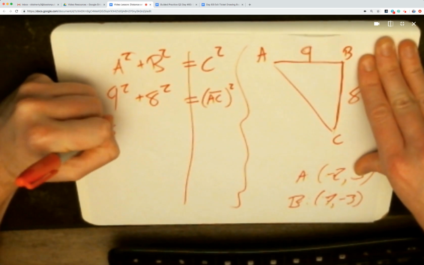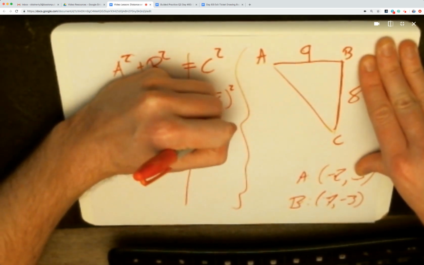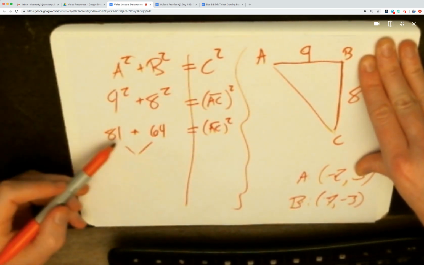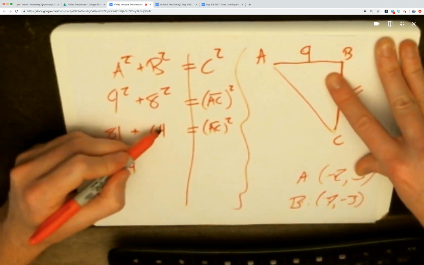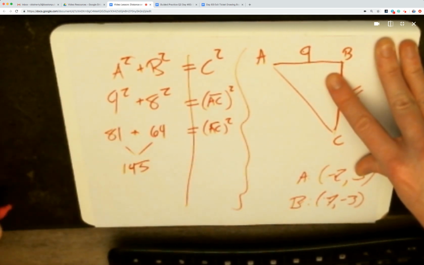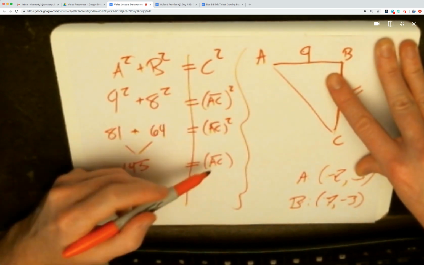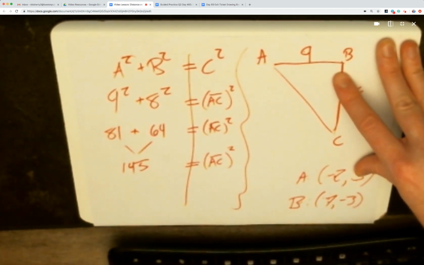9 squared gives us 81. 8 squared gives us 64. Add those numbers up, 80 and 60 gives us 140, and 1 and 4 gives us 5 more. So the side length for AC, when you square it, has a value of 145.